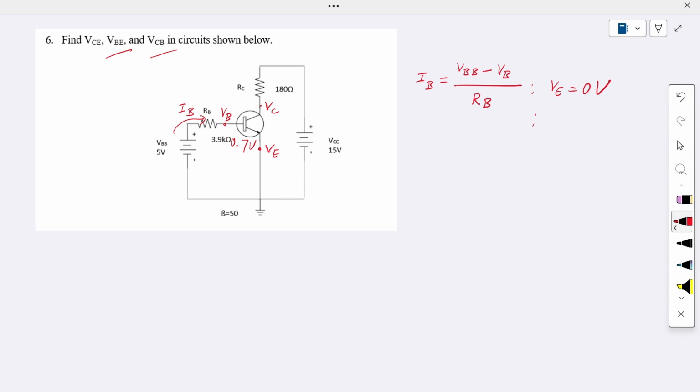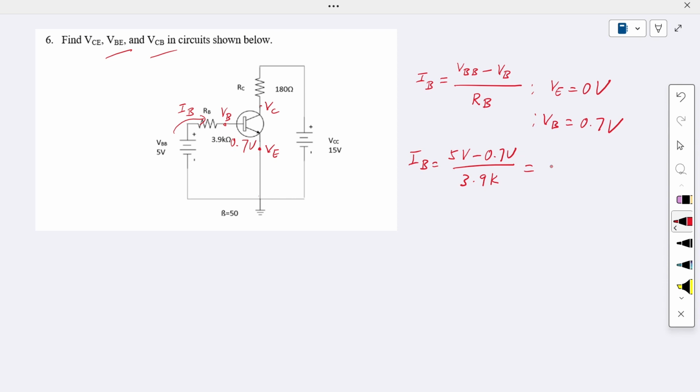That means the base terminal voltage is 0.7 volt. Substituting, VBB is the supply voltage, 5 volt, minus VB, 0.7 volt, divided by RB, 3.9 kilo ohm.